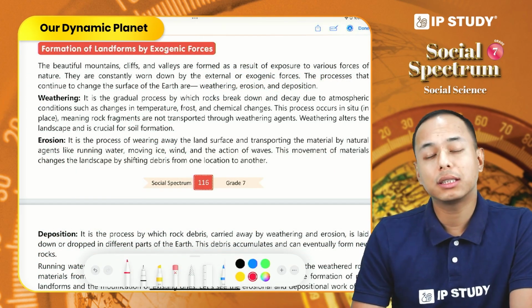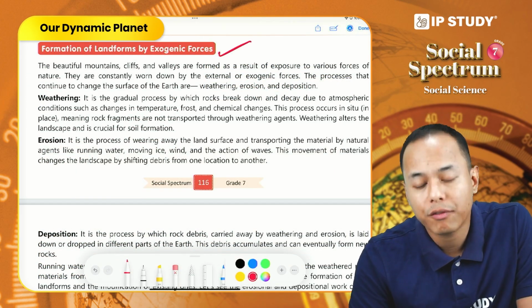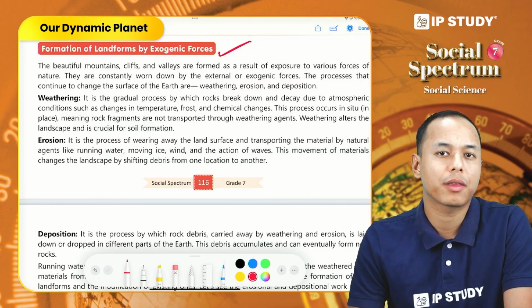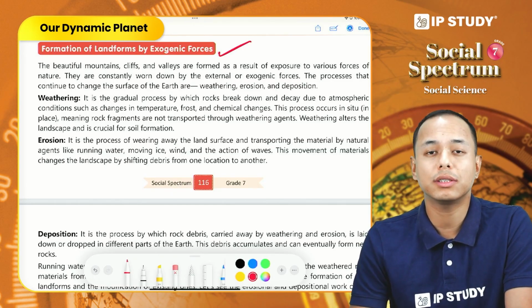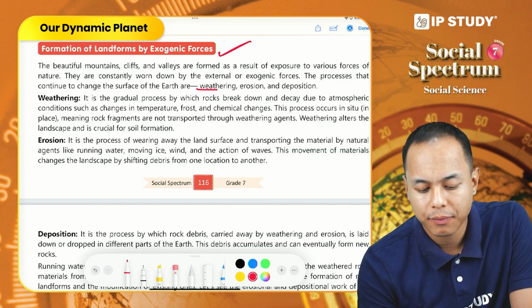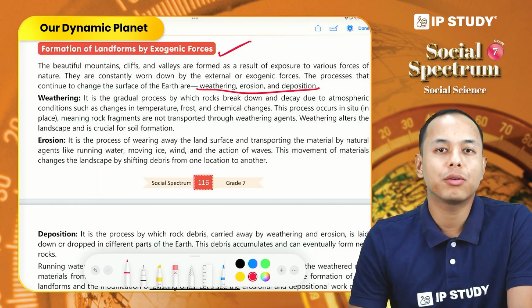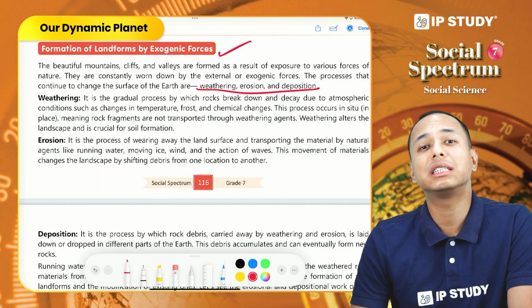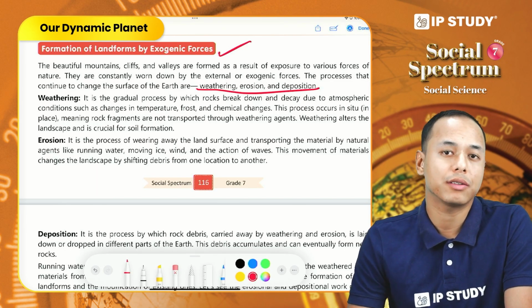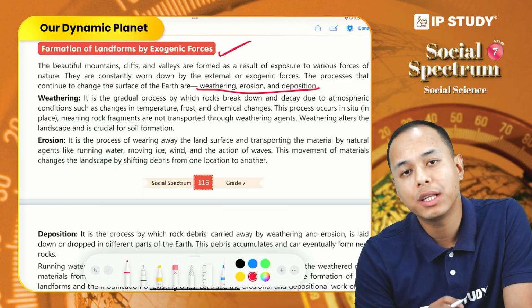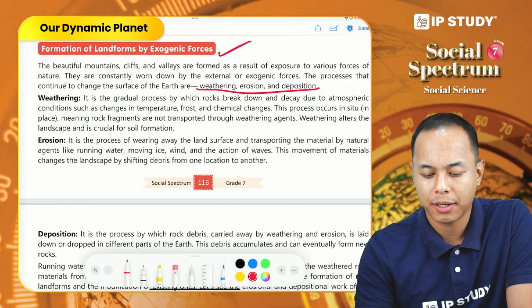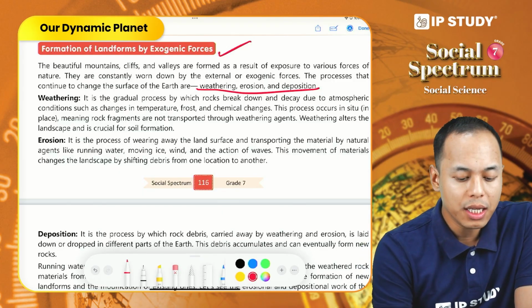Now let us discuss the formation of landforms by exogenic forces. When we talk about exogenic forces, there are three important processes that play an important role and cause change in the landscape on the surface of the earth. These are weathering, erosion and deposition. What is weathering?